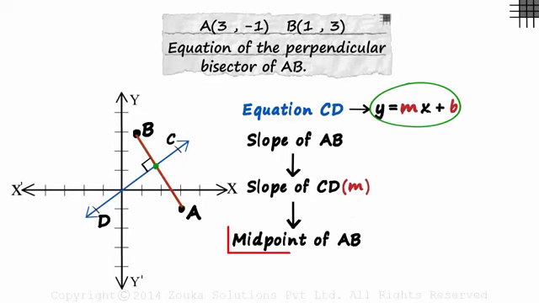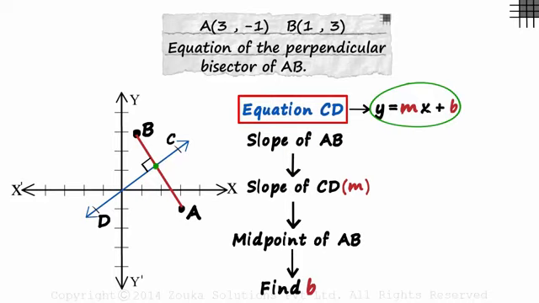And we can easily find the midpoint of AB as we have the coordinates of its endpoints. So after we get the slope of CD, we find the midpoint of AB, which will also give us b. Once we have m and b, we can easily find the equation of CD.